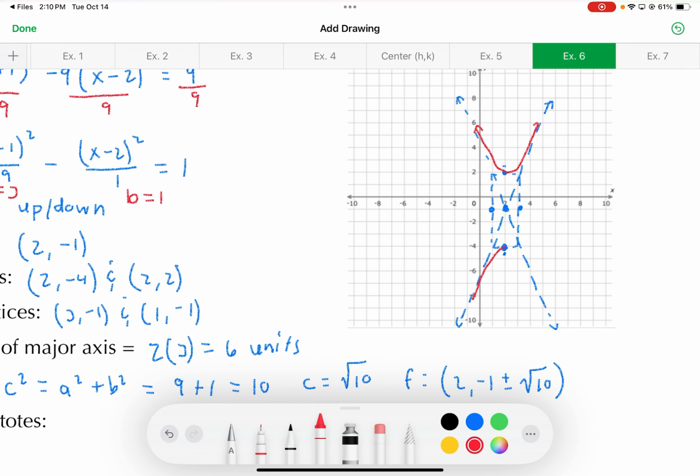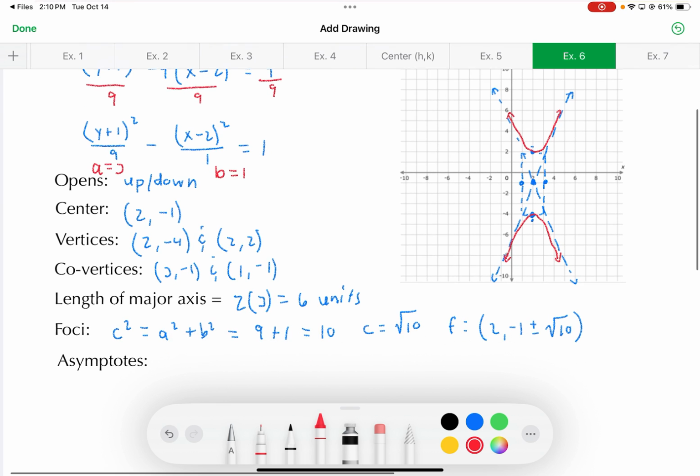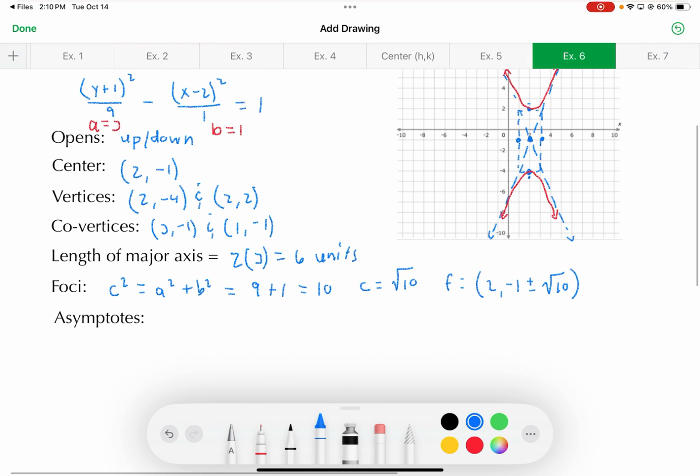There's the upper half, there's the lower half. Okay, now what are the slopes of those asymptotes? Yeah, 3 and -3, right? You got to rise 3, run 1. Okay, so take the center into account that the asymptotes pass through. So we're going to have y plus 1 equals plus or minus 3 times x minus 2.